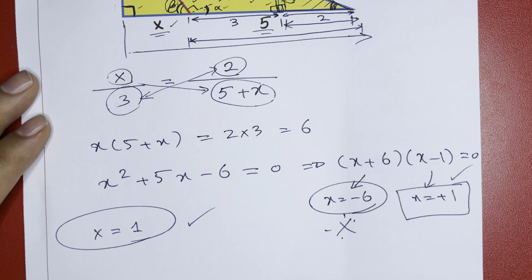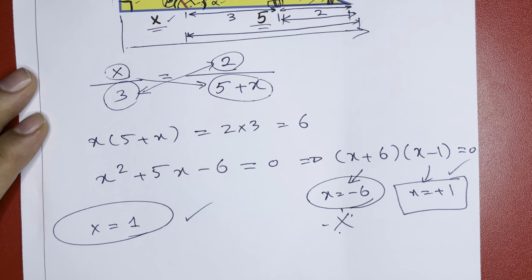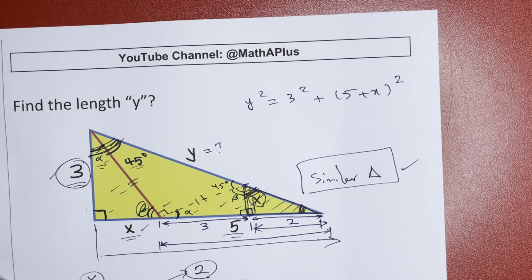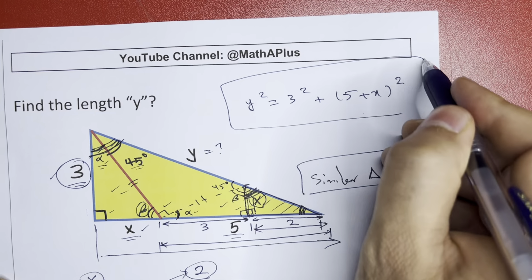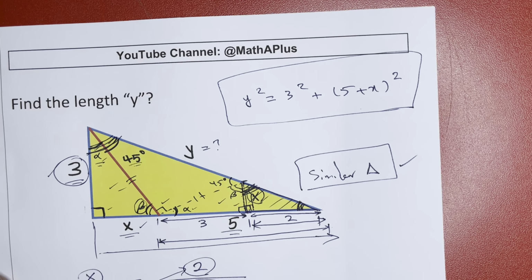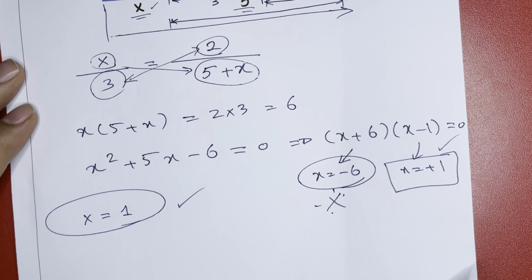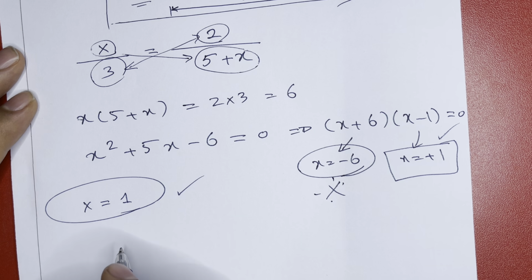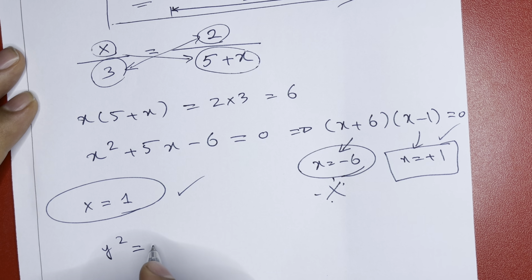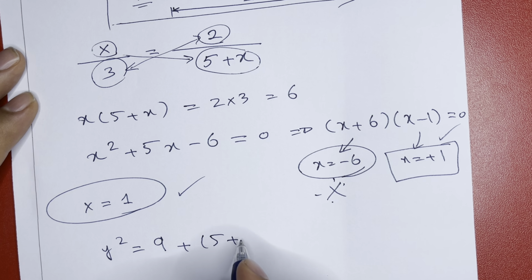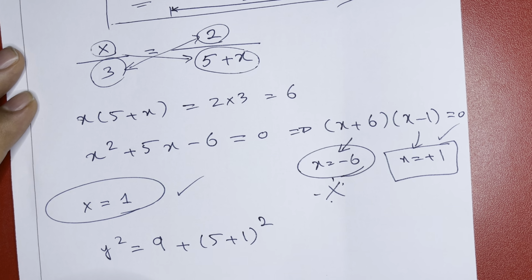Perfect. Okay, the last step, back to the Pythagorean theorem from the big triangle: y squared is 3 squared, which is 9, plus 5 plus 1 squared.